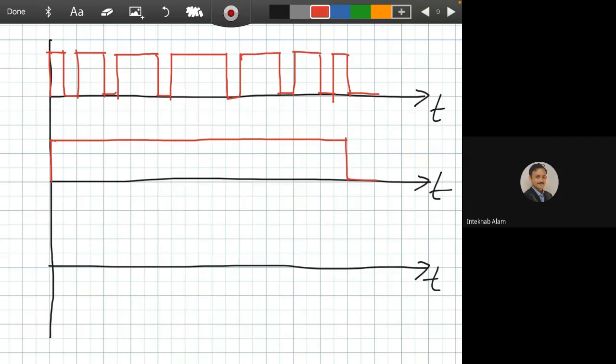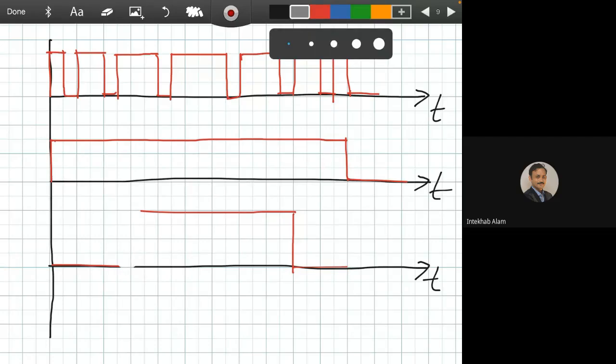If we want to introduce duty cycle, then this output, right, sorry.